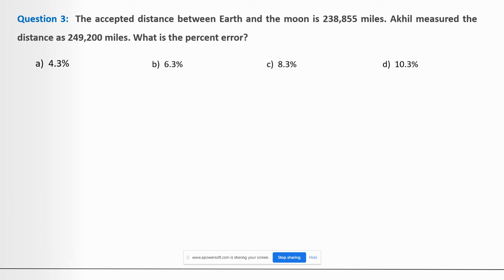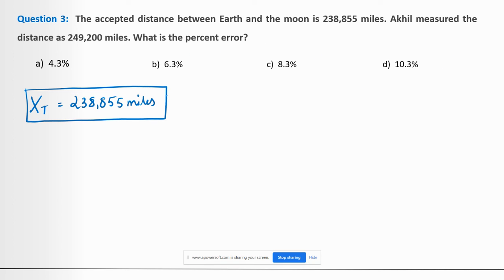Fine. So let us write what is given in the question. It is given that the accepted distance between Earth and Moon, which can be taken as xt or your true value, is 2,38,855 miles.